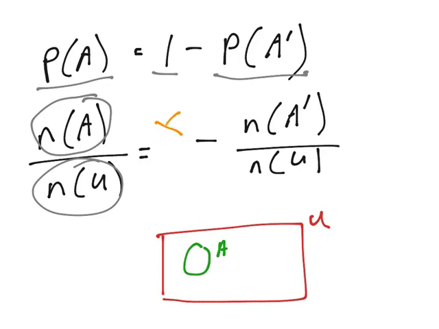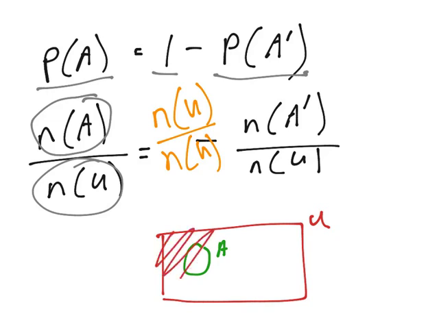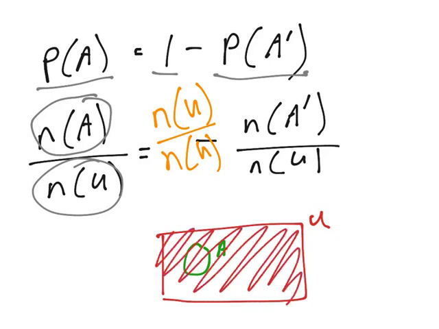We can write it as x over x, or 2 over 2, or 19 over 19. But let's instead choose the number of ways we get universal over the number in the universal set. Then we can see this difference is going to be everything in the universal, and we're going to minus everything that's not A. We're going to minus all of this stuff.